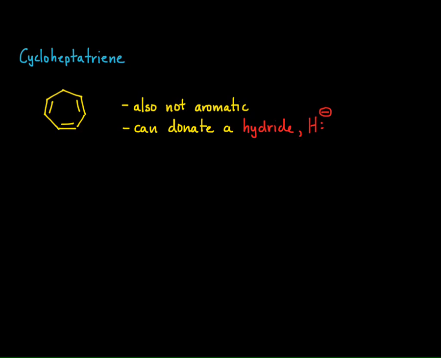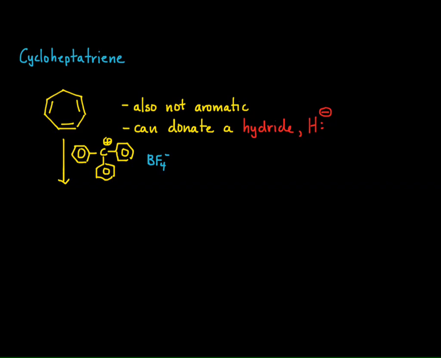So it's not having a proton removed, it's actually donating a hydride, so a hydrogen plus 2 electrons. And we know that cycloheptatriene will readily react with electrophiles. Here's a reaction with the triphenylmethyl carbocation.